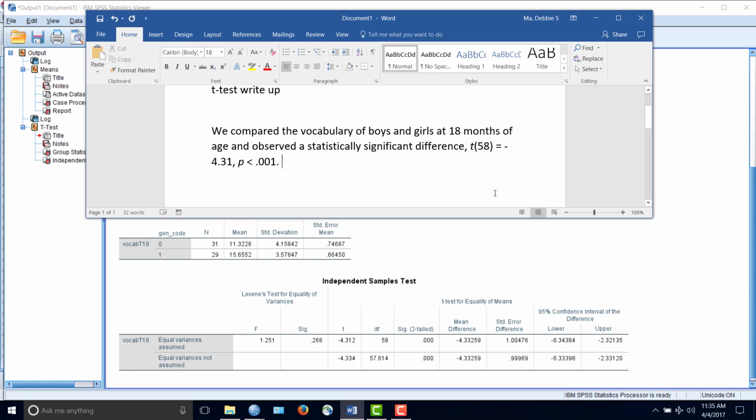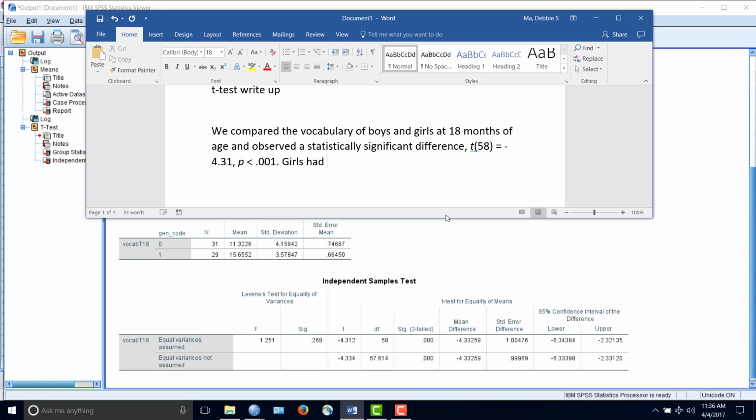Okay? And then we want a plain English sentence. So we say, we compared vocabulary of boys and girls at 18 months of age and observed a statistically significant difference. So what does that mean? We want to be able to describe this to somebody else. We need to know what the direction of this difference is. So we see from our means table that girls are the ones who have the higher vocabulary. So we want to say that, right?